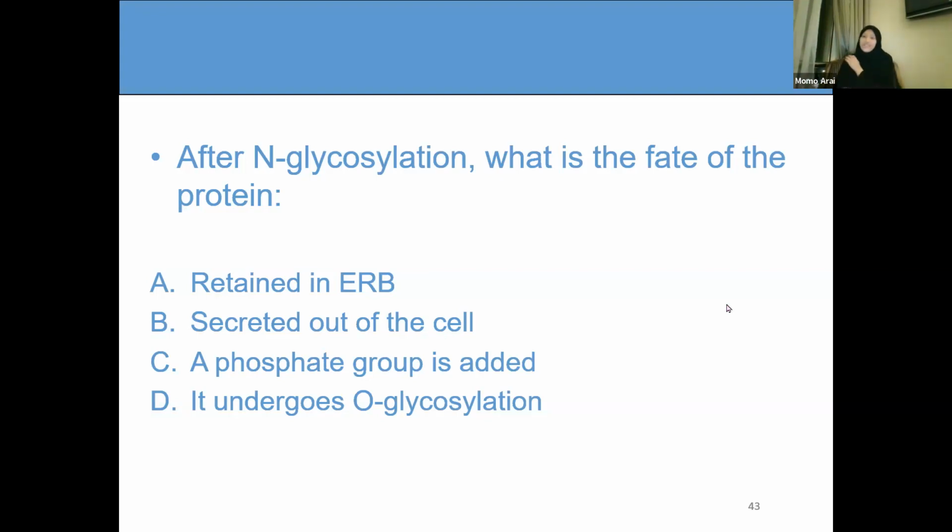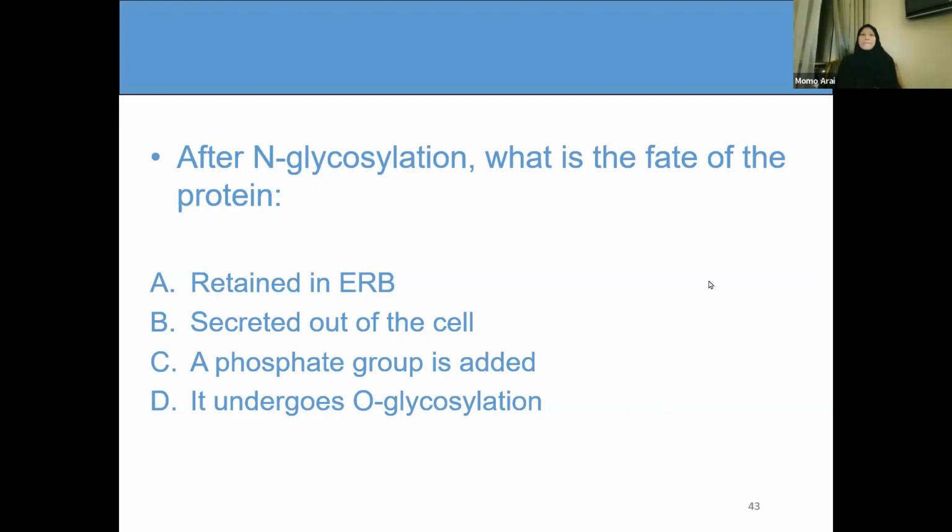Yeah, you're right. So C, phosphate group is added. It can be added in the rough endoplasmic reticulum, but not all of them, so it's not the most correct answer. D, it undergoes O-glycosylation. Because it already went through N-glycosylation, it's probably something like arginine, which can't go under O. Remember what I said?